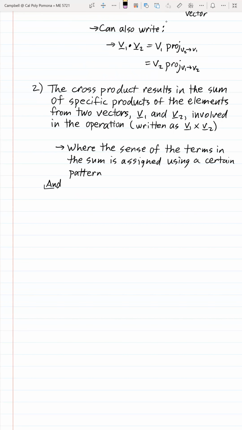And a particular unit vector is associated with each term.